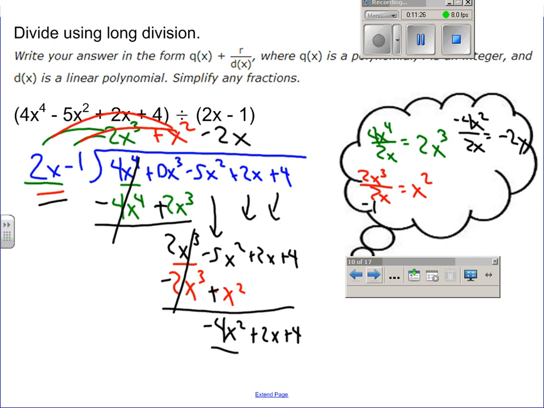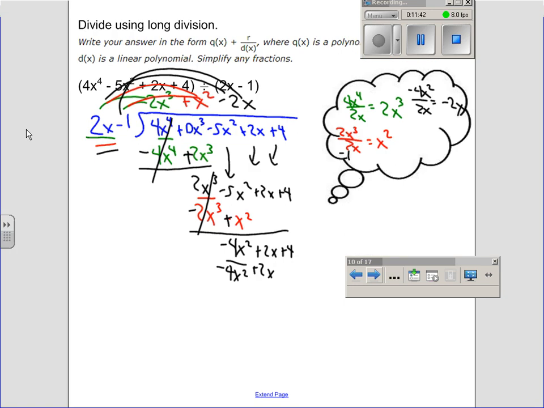And then I need to multiply that back by both terms of the original polynomial. So I get negative 4x squared and then plus 2x. So now change, change, add down, both get eliminated. So I'm left with just 4, which means that 4 in this instance is actually my remainder.